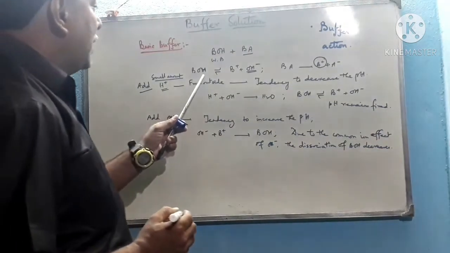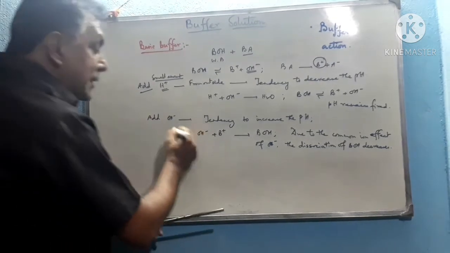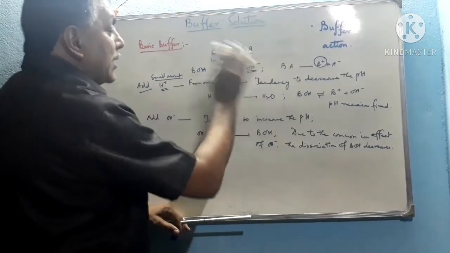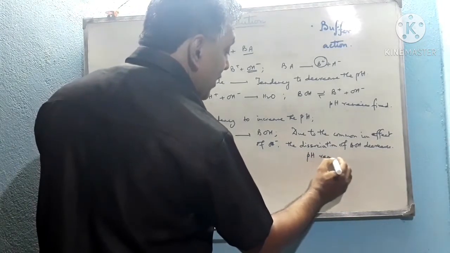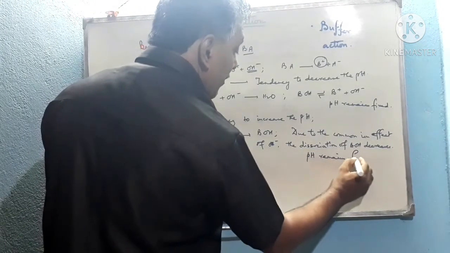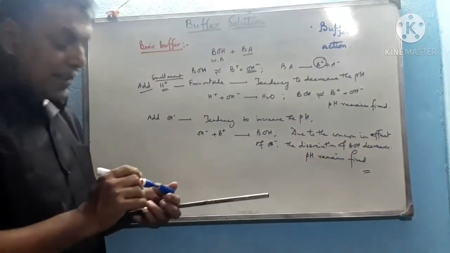Thus less BOH gets dissociated to form OH minus. Thus the excess OH minus gets removed and the concentration of OH minus in the solution remains fixed. Thus pH also remains fixed. So these are called the buffer actions of either an acid buffer or a basic buffer.